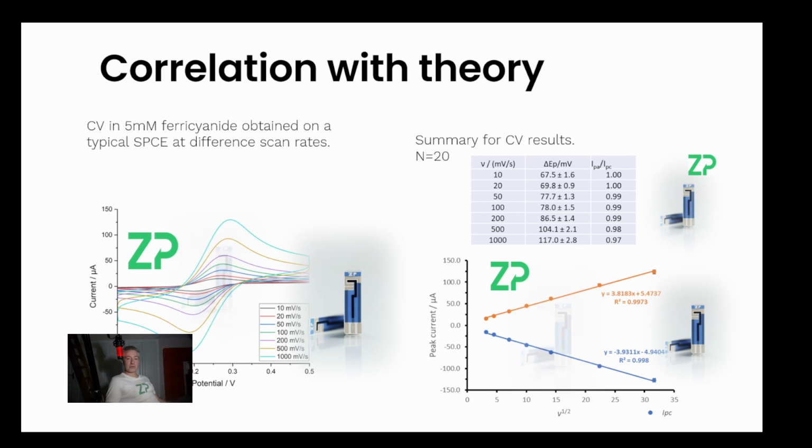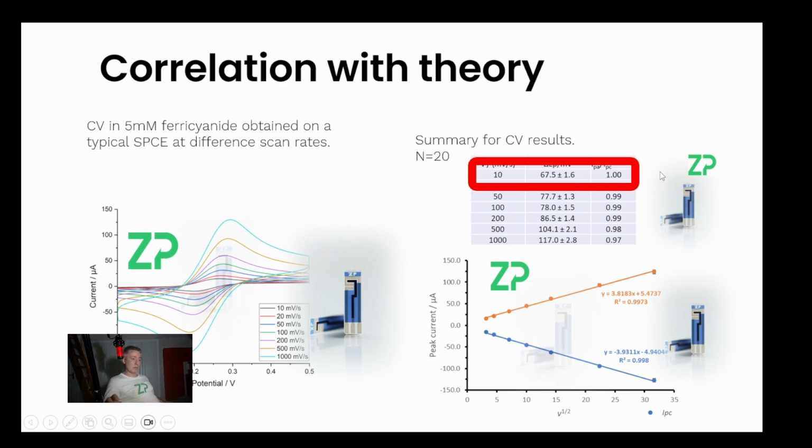Yeah, sure, we can match with theory. But if you're really trying to make a commercial product, whether you have a peak to peak separation of 59 millivolts when testing with something like 5 millimolar ferricyanide, it's interesting and it tells you something about the electrodes, but it's not the thing that's actually stopping you getting to market.